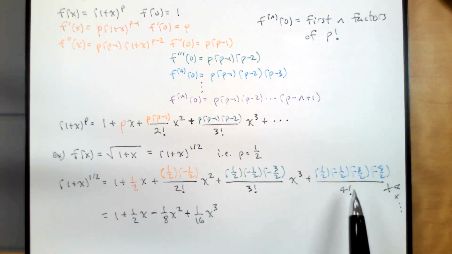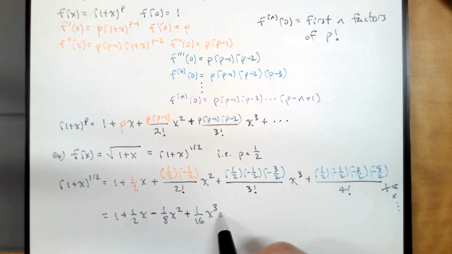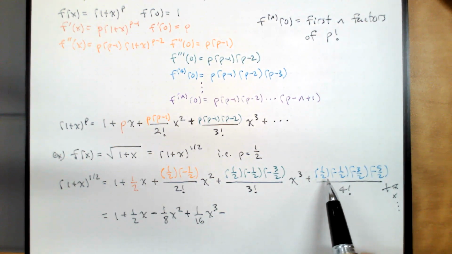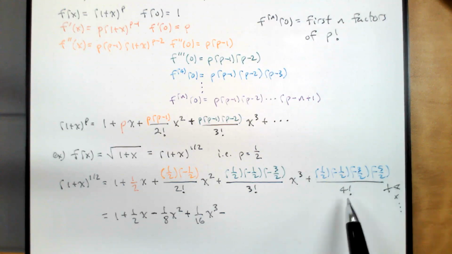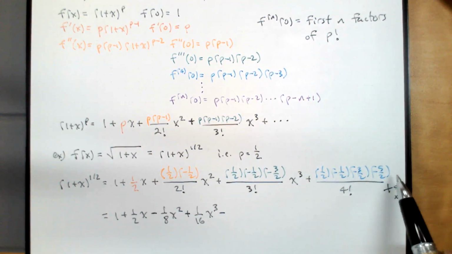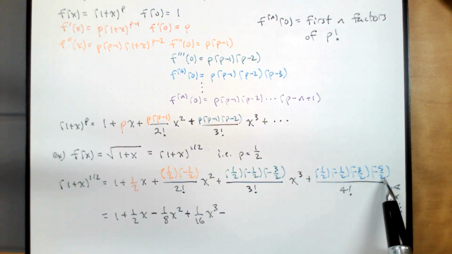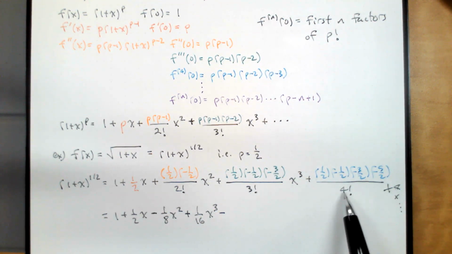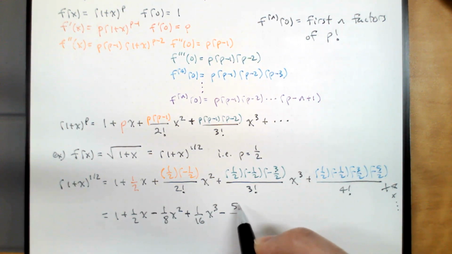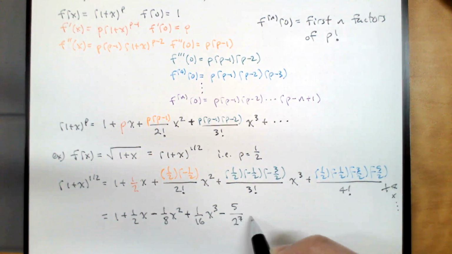The next term will be negative because there are 3 negatives. We have in the denominator 2, 2, 2, 2, a 4, a 3, and a 2. And one of the 3's will cancel out. So I have 5 over 1, 2, 3, 4, 5, 6, 7 2's. What's 2 to the 7th? I don't have to know.